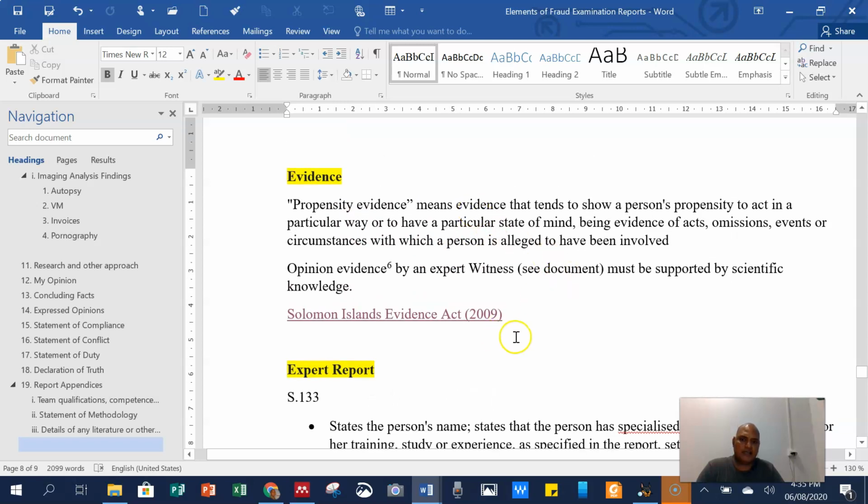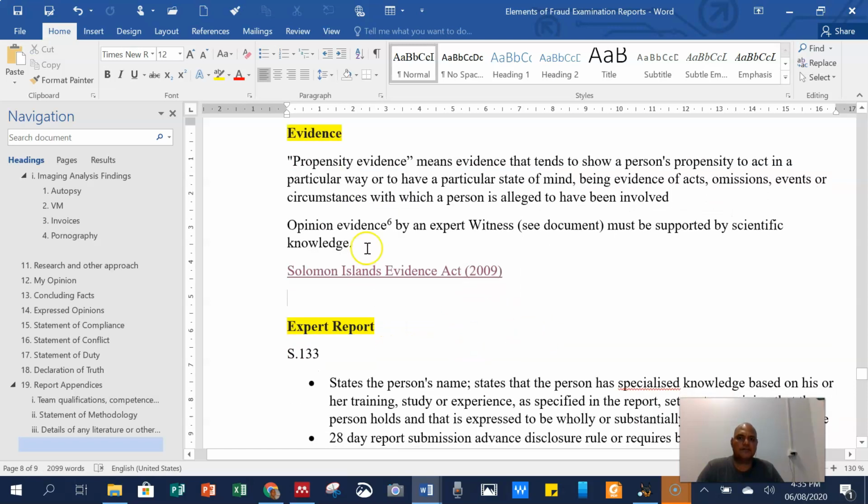So evidence as defined by the Evidence Act says that it is propensity evidence, which means evidence that tends to show a person's propensity to act in a particular way, or to have a particular state of mind, being evidence of acts or events or circumstances with which a person is alleged to have been involved. So this is defined as evidence under this act.